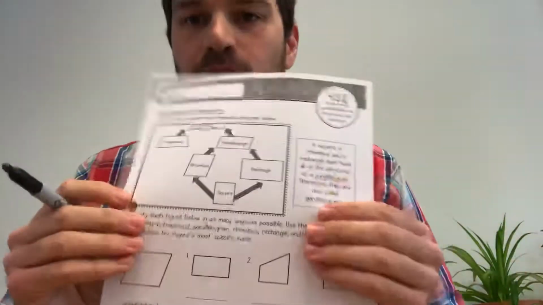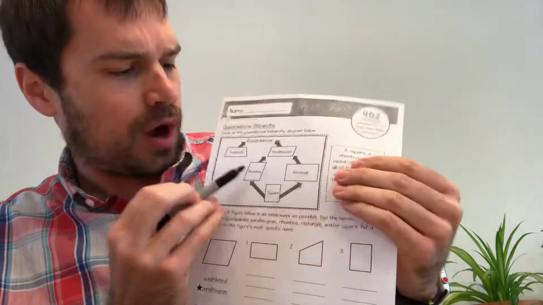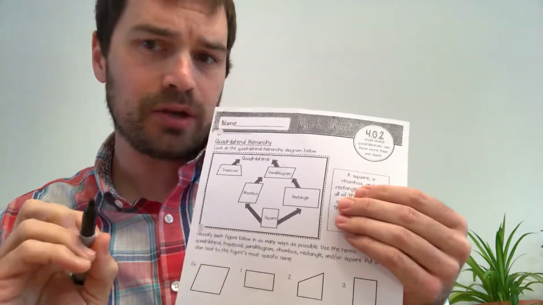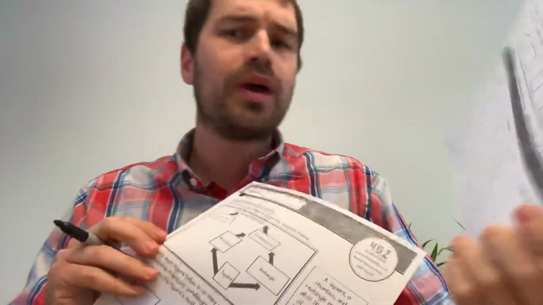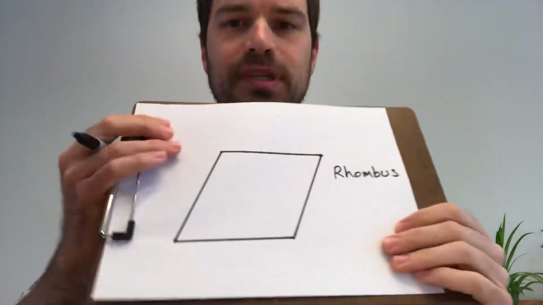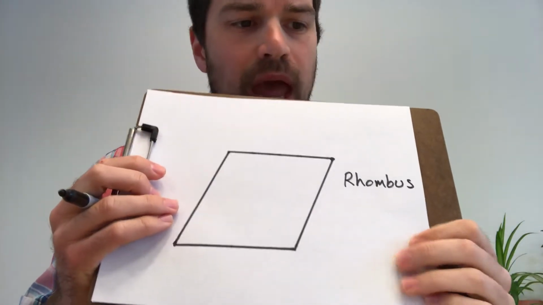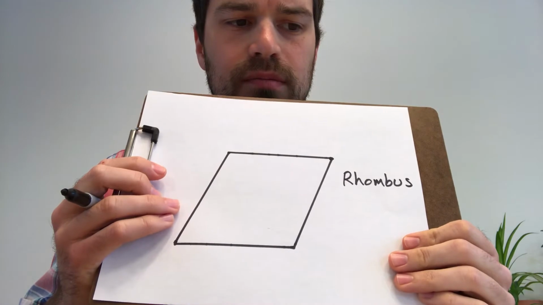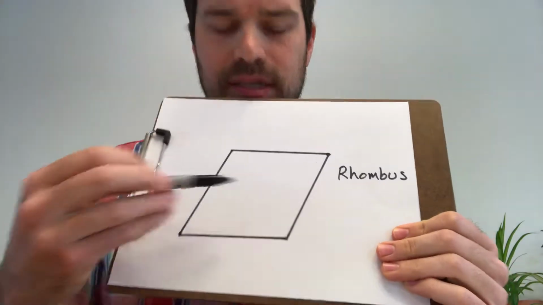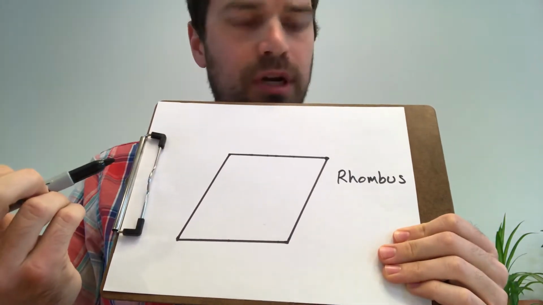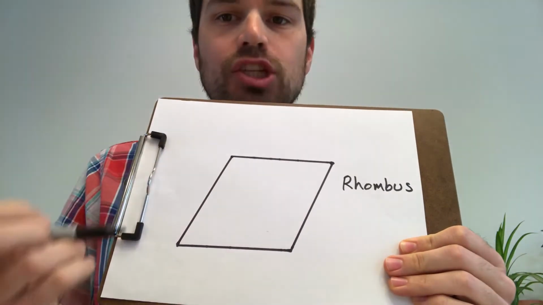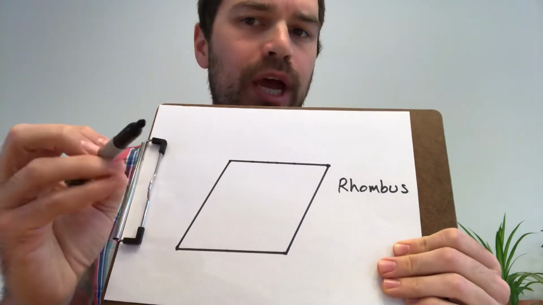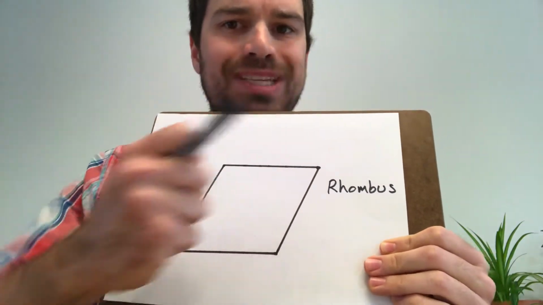But if I follow my chart, I know that a rhombus should also be a parallelogram. I can go back to page 12 and read it to you. A parallelogram has opposite sides that are parallel and equal in length. This side and this side are certainly parallel, as we already talked about, and the opposite sides are equal in length. I already told you it's a rhombus, so all four sides must be equal.